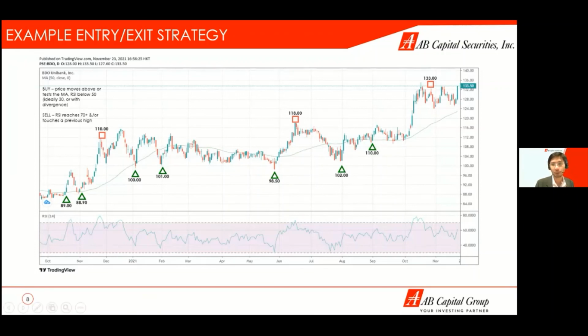And he probably would have sold at 113 when the price started to reach its peak and an RSI above 70. So that's how a position trader would have traded using a longer term moving average and RSI. So I hope that was clear for you guys.